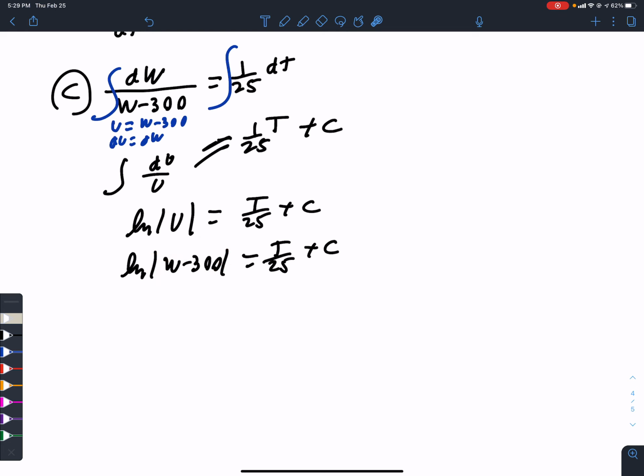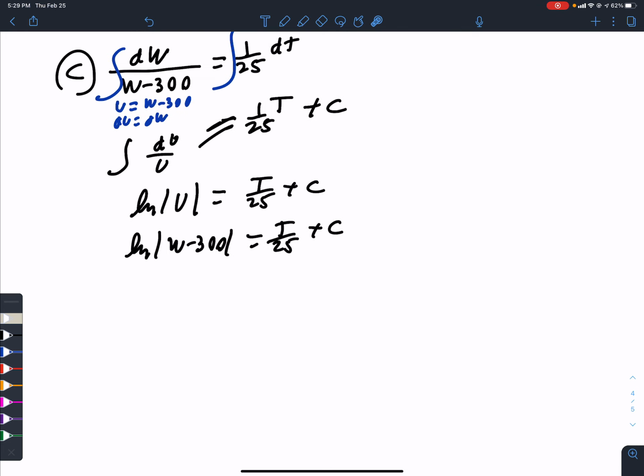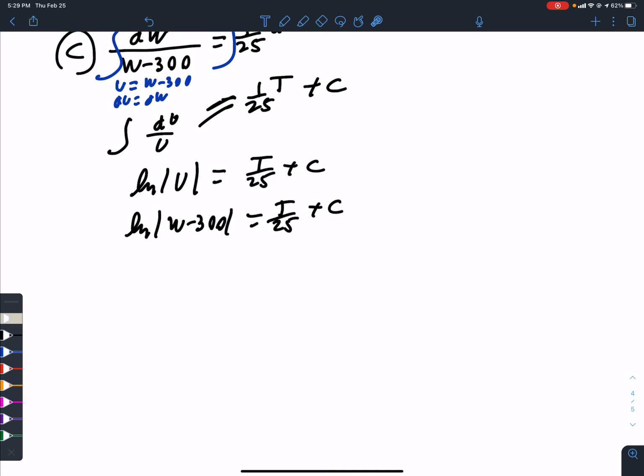But just to be cool, I'm not going to do that, just to show you other techniques of doing this, okay? And on top of that, normally we would find C right now. I'm just going to find C later, okay? Now you can find C at any point in this process, but I'm going to find it later.